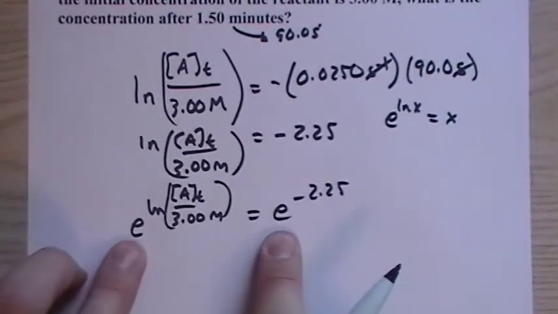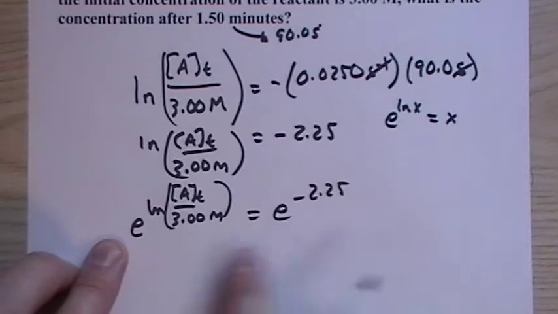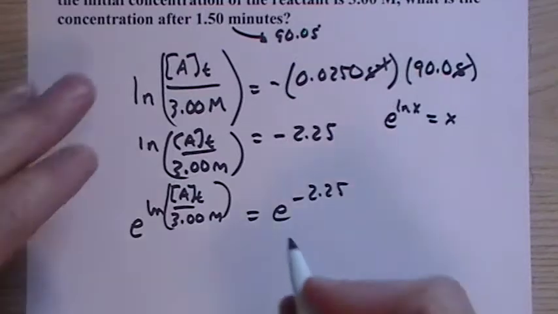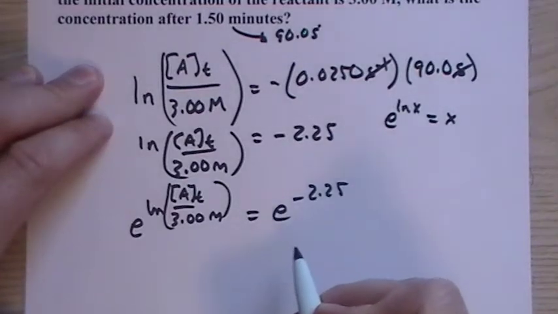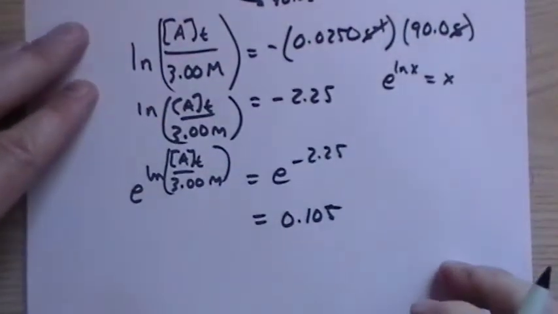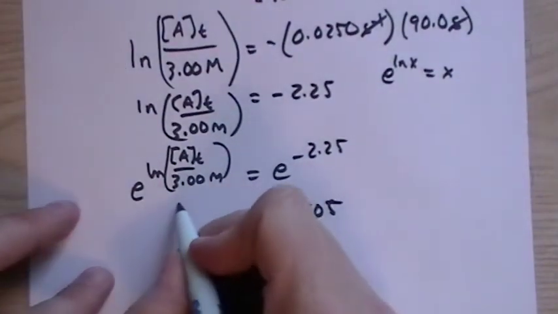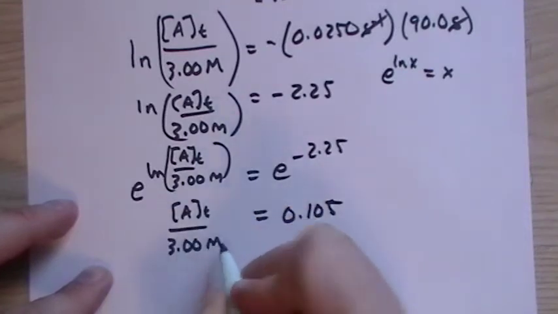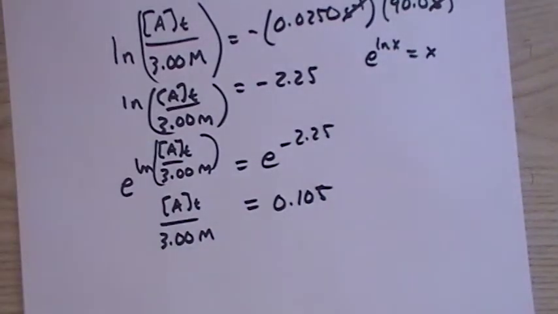So it's just putting e's on either side. Really what we're doing is taking the anti-log of both sides. If this is startling, then you want to let me know, because this is algebra that you should know. Nothing new here if you've taken the proper math courses. If you haven't, that's fine. You just got to let me know, and you have some work to do.